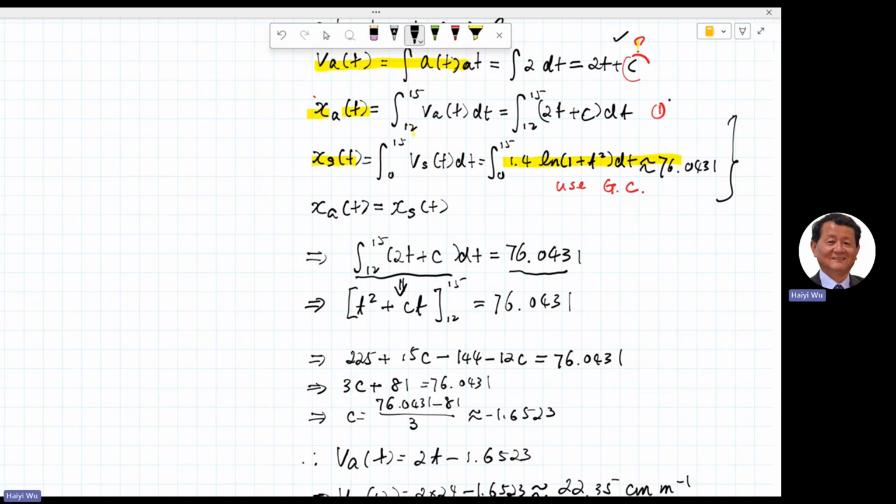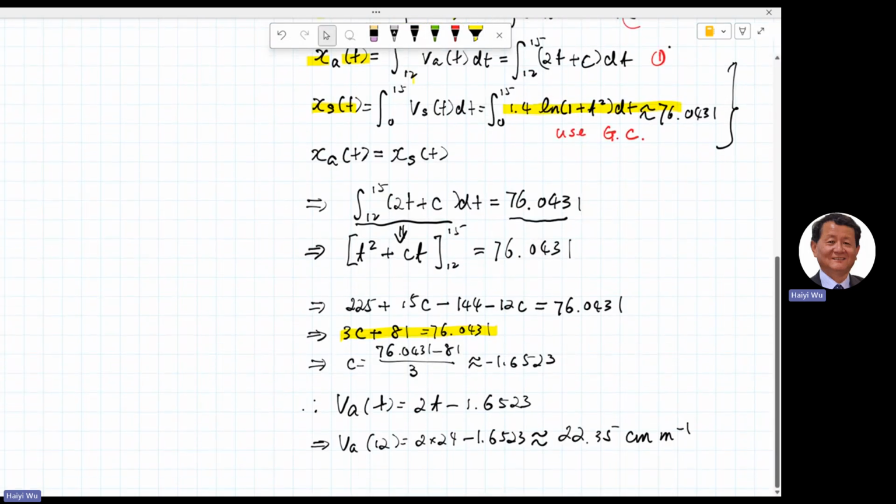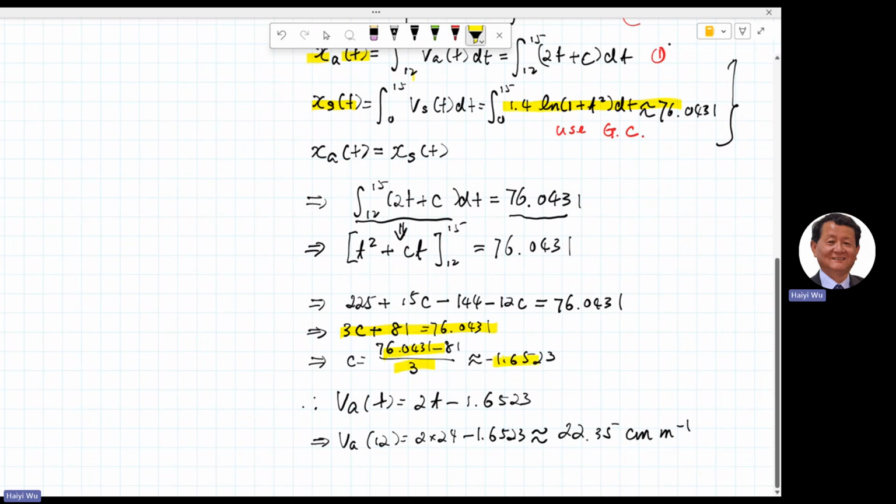So we find that c equals negative 1.6523. Therefore the general formula for the velocity of the ant is 2t minus 1.6523.